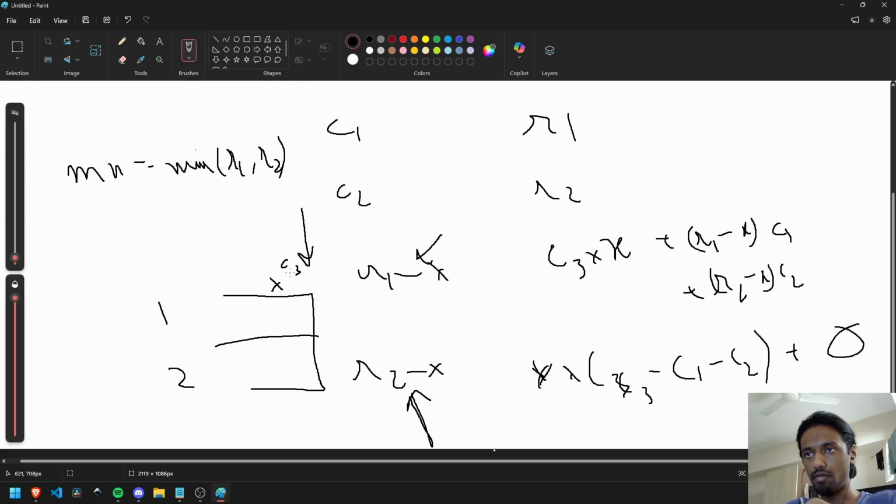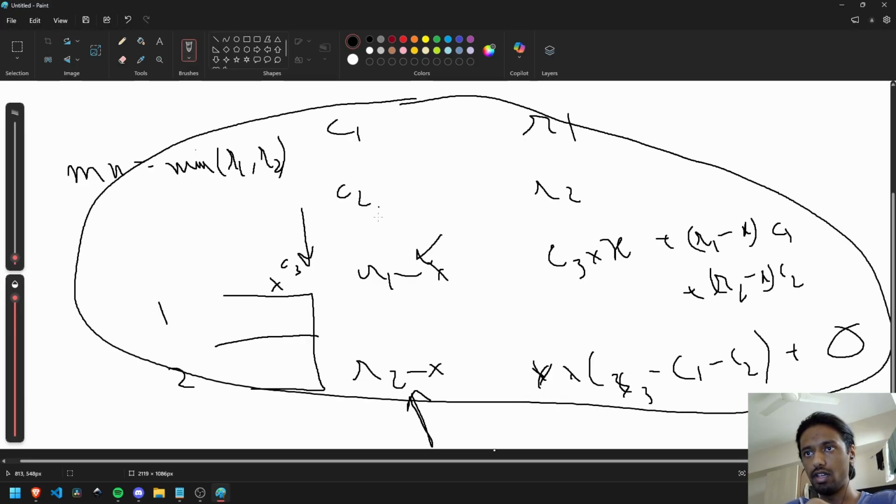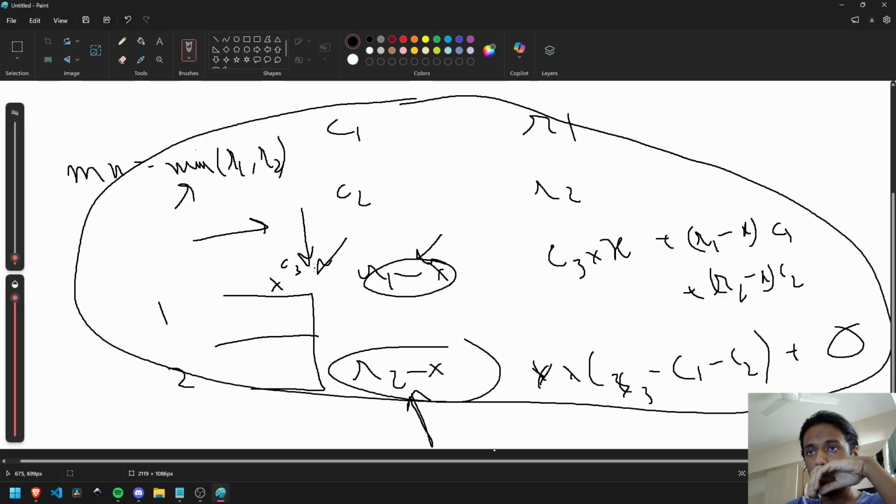So what I claim is, if this case were to be optimal, where we reach level X using C3 and then buy the remaining R1 and R2 individually, then this limit is to completely fulfill the minimum requirement first. And this can be proved using an exchange argument as well, because if we have not fulfilled this minimum requirement, then we have this condition. But if, in this equation only, we fulfill this minimum requirement, say this were the smaller one, this would get to be 0, right?